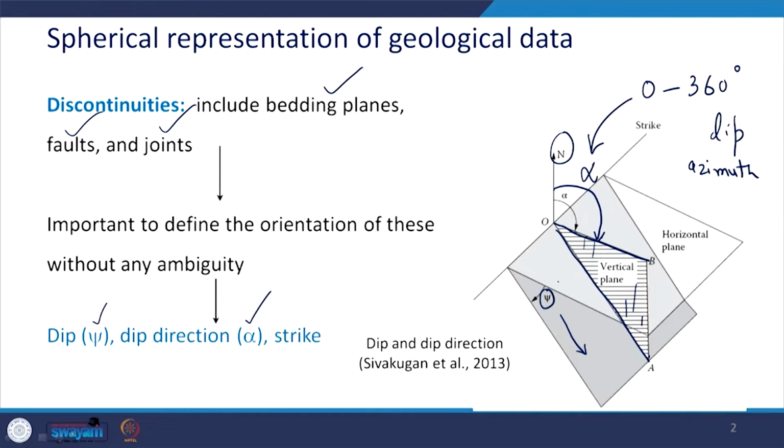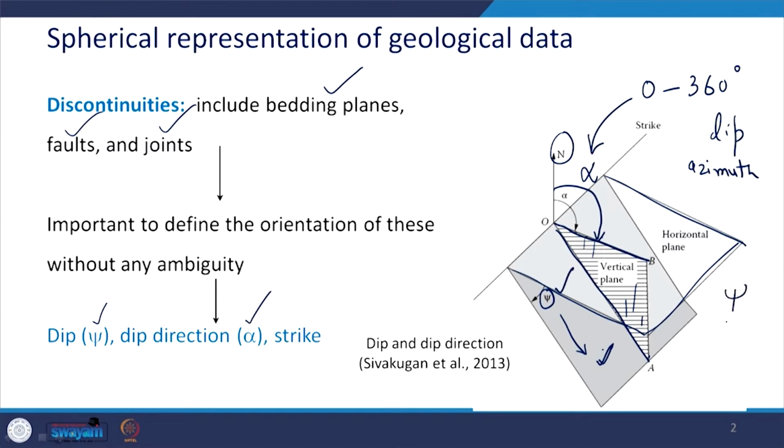Dip is the angle the inclined plane makes with the horizontal, that is this is your horizontal plane, you see. So, whatever angle this inclined plane makes with the horizontal plane would be called dip, which is represented as psi.